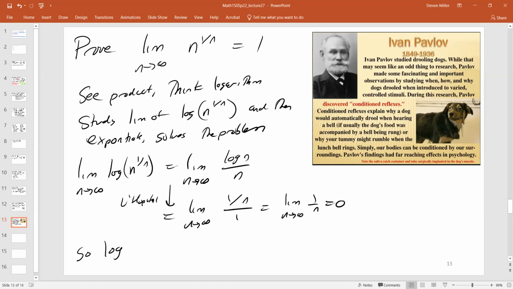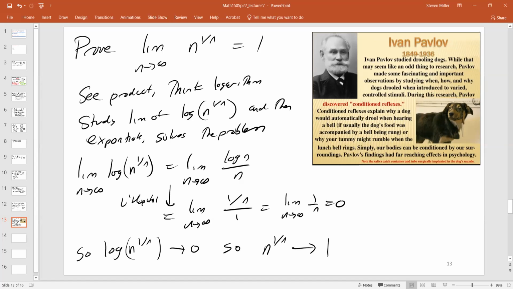So the log of n to the 1 over n converges to 0. So n to the 1 over n has to converge to 1. If the log of my number is converging to 0, then my number has to be converging to 1. And that's the proof that n to the 1 over n is going to 1.